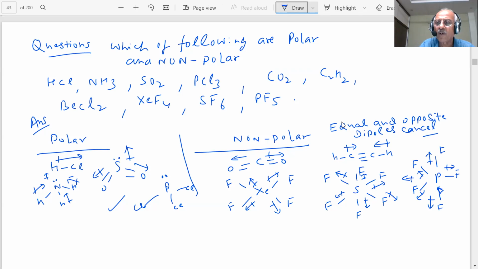So here they are non-polar and these are polar. Got it? Note down. Examples are important for the question, for the paper. Can you do it? Important question.